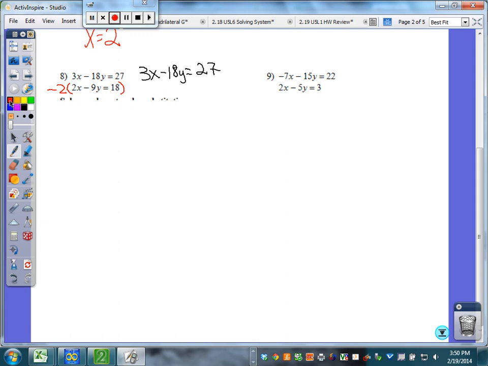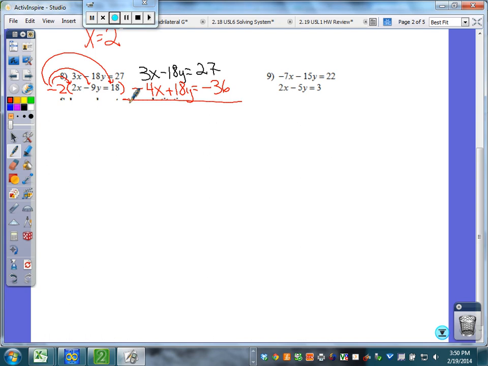And then the bottom equation, multiply everything by negative 2. So negative 2 times 2x is negative 4x. Negative 2 times negative 9y is positive 18y. And negative 2 times 18 is negative 36.